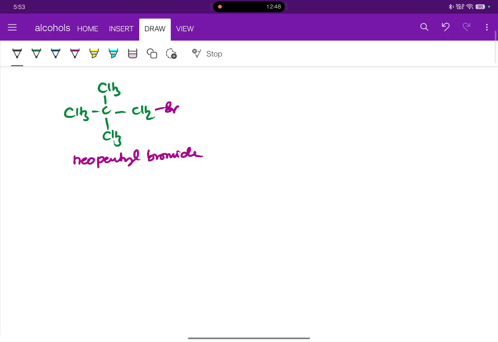Correct answer. So now what will happen? This particular molecule is sluggish. What do you mean by sluggish? Very lazy to react, and the reaction is very slow. It will undergo substitution reaction, but the reaction is very slow. It undergoes very slow SN1 reaction.